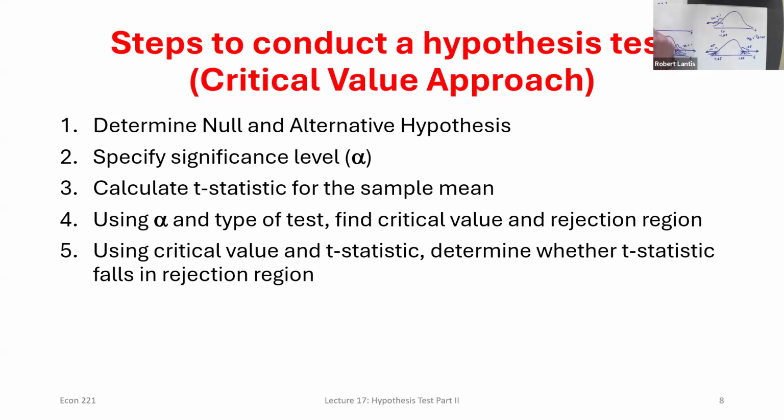I went out, collected some data, and found a sample mean. Now I know that if I assume the sample mean is a specific value, whatever that value is, it could be 50, 30, 200 million, whatever it is, whatever sample mean value I find, I would turn that into a test statistic. How did we do that?